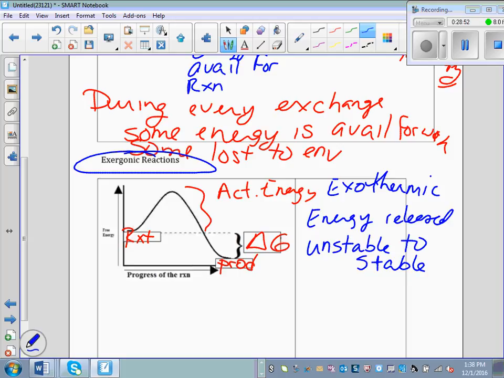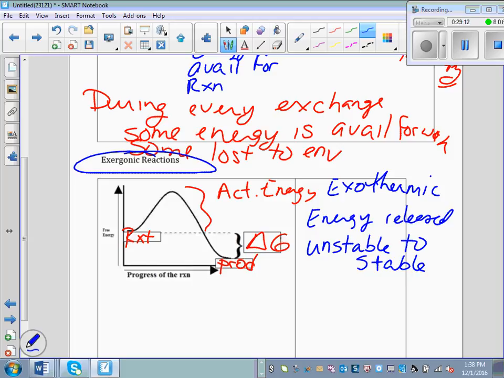So if you think about it, glucose is actually not really a stable molecule. We want to break down glucose. Glucose wants to be broken down, right? So it's going from unstable to stable. Make sense?